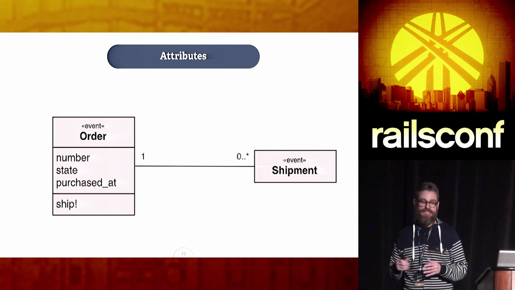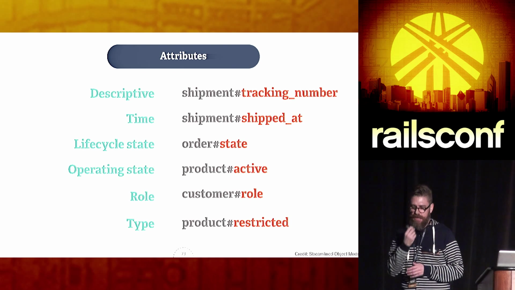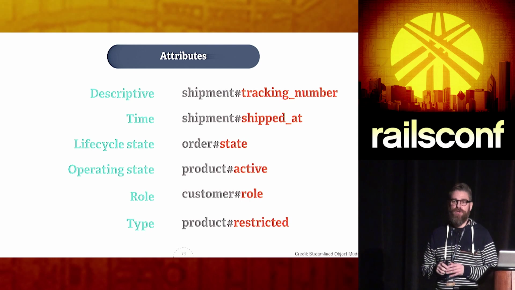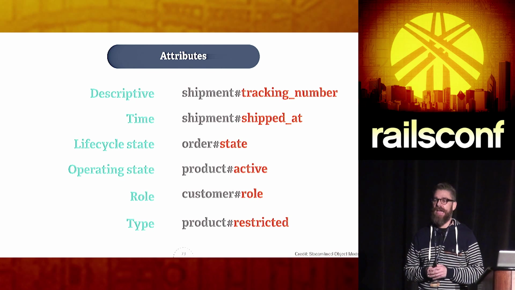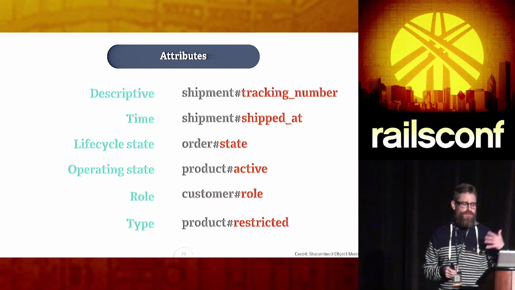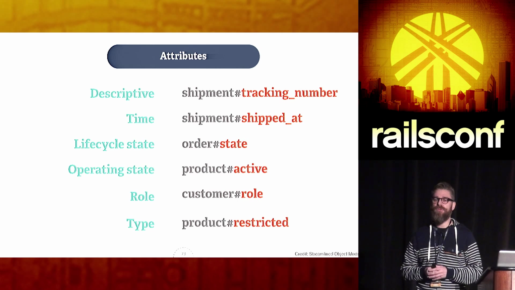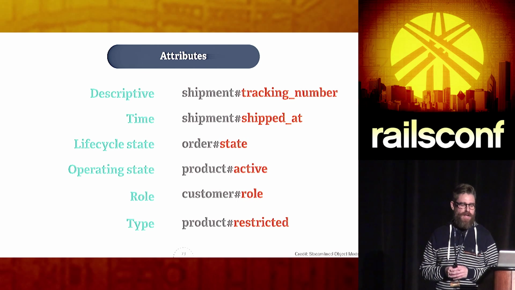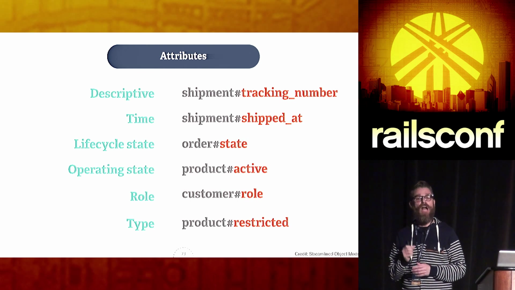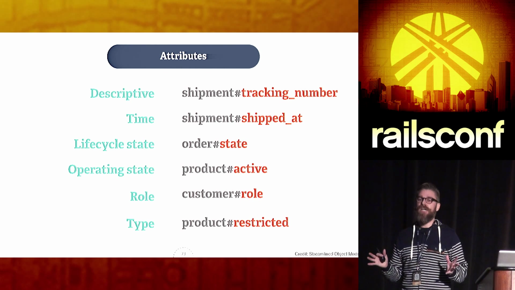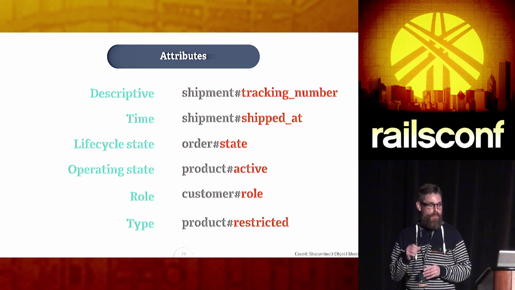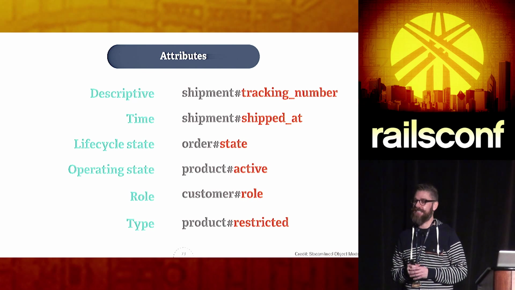that point-in-time events have. Now, Jill Nicola, in her book Streamline Object Modeling, has identified 6 types of attributes. I won't go through all 6, but you can see some examples on the right-hand side there. I'll focus on 2 attributes, the life cycle state and the operating state. The life cycle state is a one-way state transition.